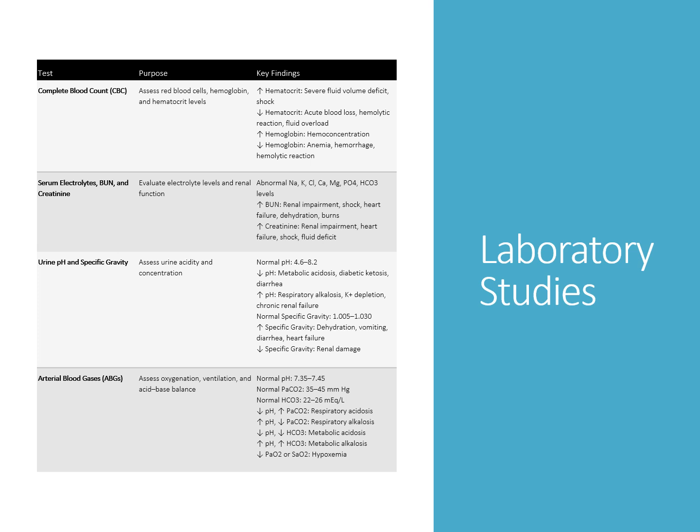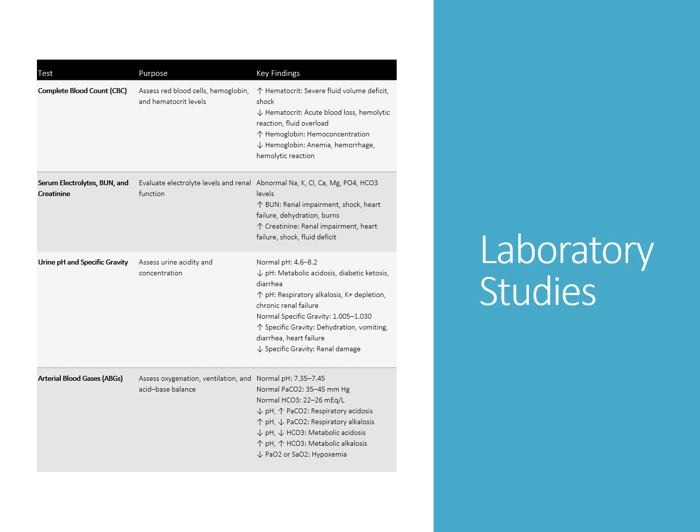Your urine pH and specific gravity tell about urine acidity and the concentration. Normal pH of urine is 4.6 to 8.2. A decrease in pH, remember, is acidosis. It could be metabolic acidosis, diabetic ketosis, or an indication that diarrhea has occurred. Increase in the pH: respiratory alkalosis, potassium depletion, chronic renal failure.